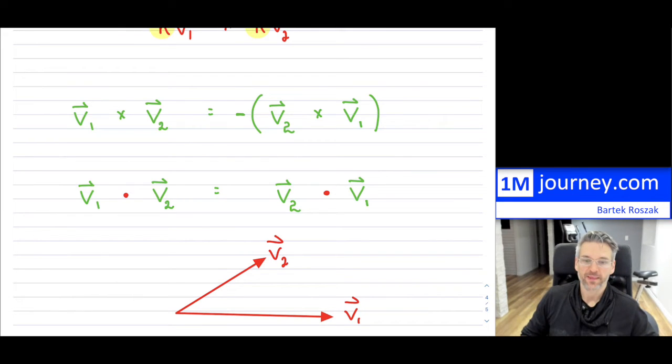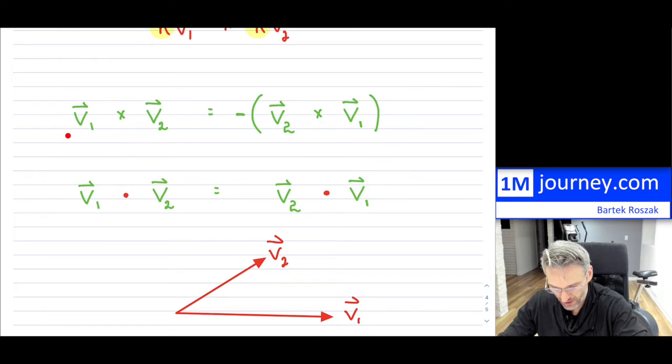So if you were doing these and you would take this cross product right here, V1 to V2, you notice that this is going to go in this direction. It's going to go from V1 to V2, which is counterclockwise.